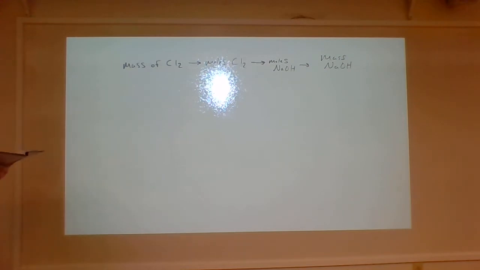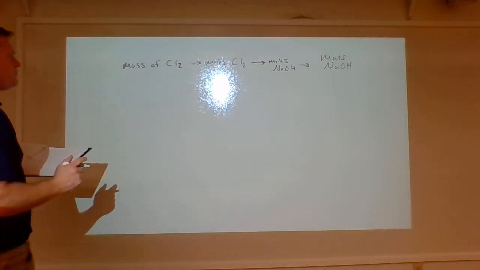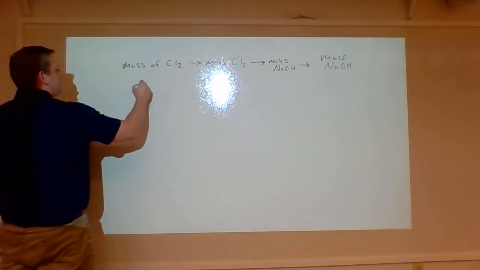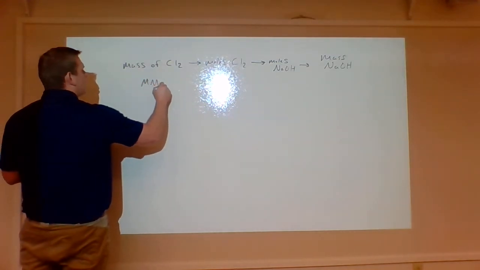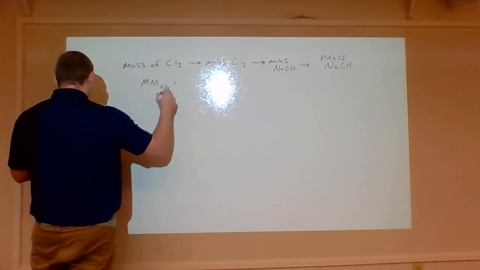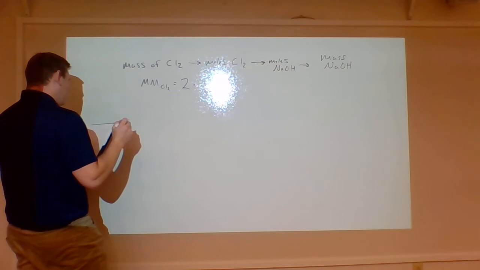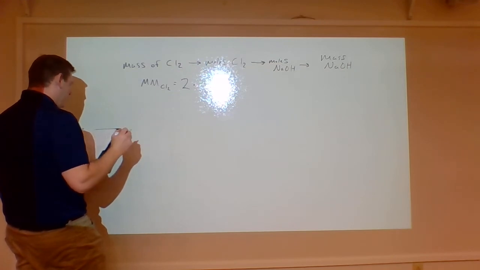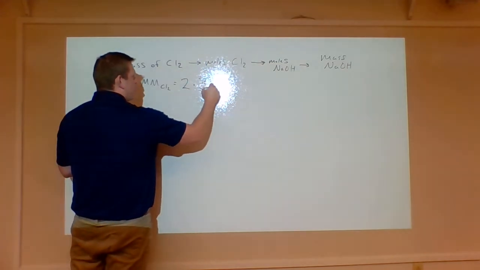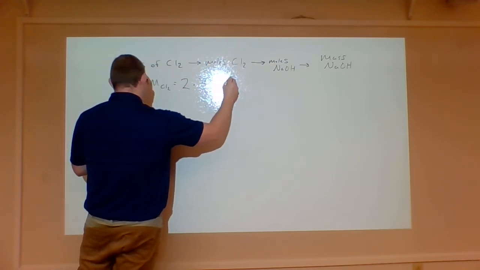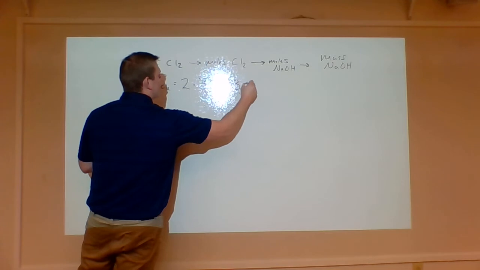Okay, so we can now determine the molar masses of Cl2 and NaOH. If we look up on the periodic table, the molar mass of Cl2 is going to be equal to 2 times the molar mass of chlorine, which is 35.453 grams per mole.